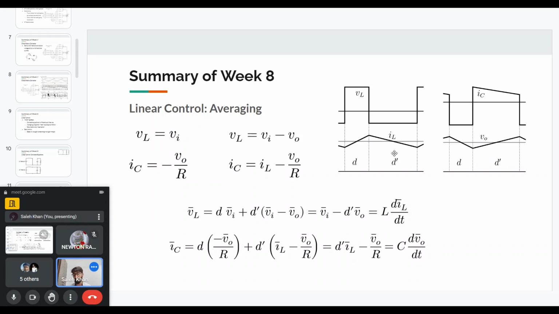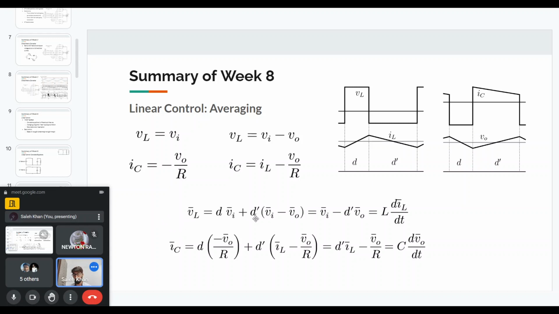Because of the small ripple approximation, instead of Vi minus the instantaneous output voltage, I can take the average output voltage, because the ripple is very small. And then I can write the equation like this.